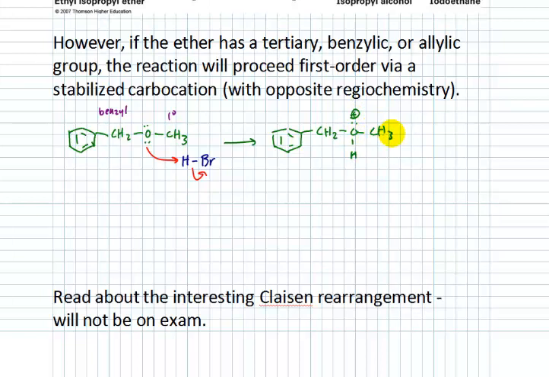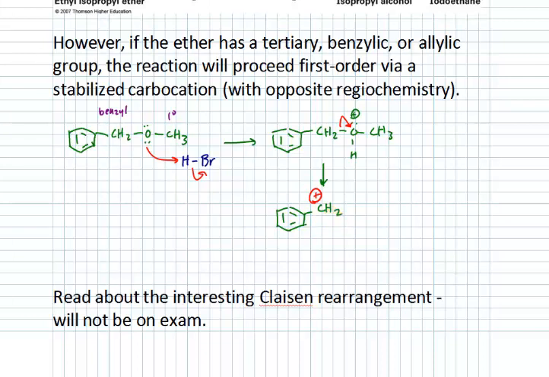Now, what can happen is, as long as we have some sort of stabilized carbon there, the leaving group can leave on its own. That's a first order process, and the reason this can happen is because if the leaving group leaves that way, we end up with a benzyl carbocation, where the plus is on the carbon next to the benzene ring.